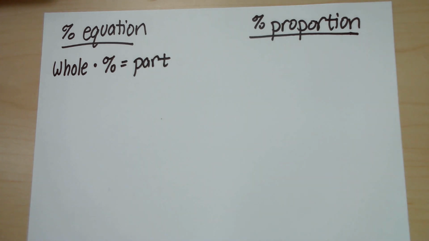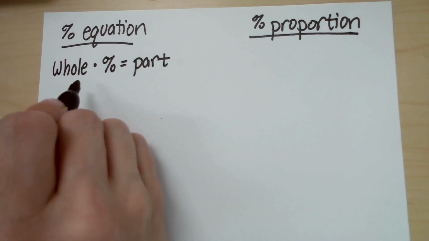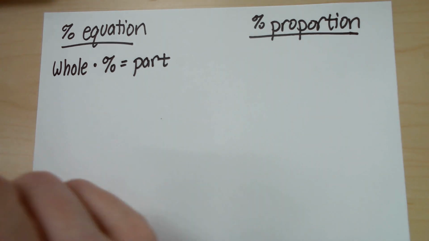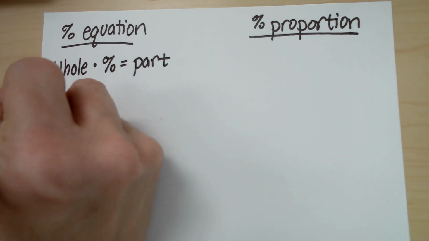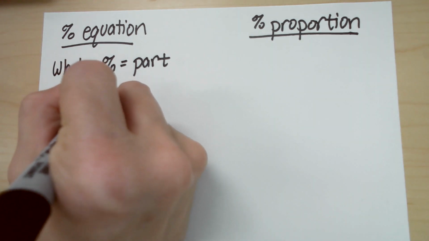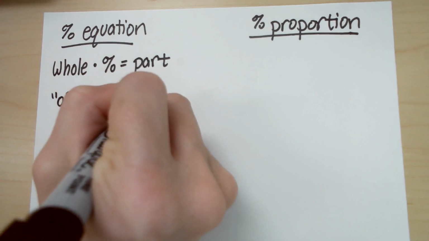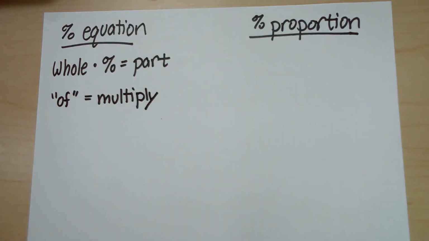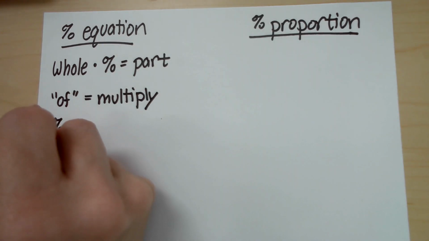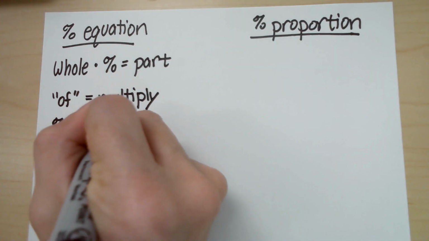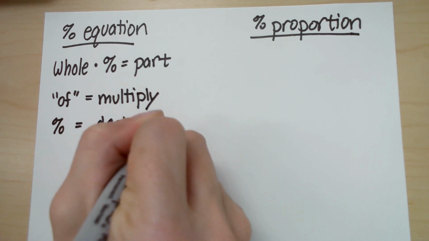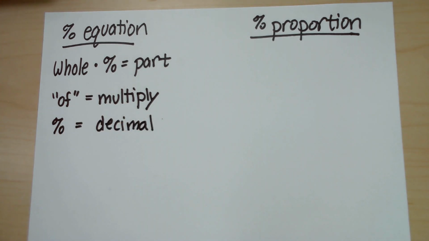So we learned keywords to recognize to translate our equations. So if we see the word of, that's when we are going to multiply. If we see the percent, that's when we need to change it into a decimal. Those are the 2 big things to remember for this.